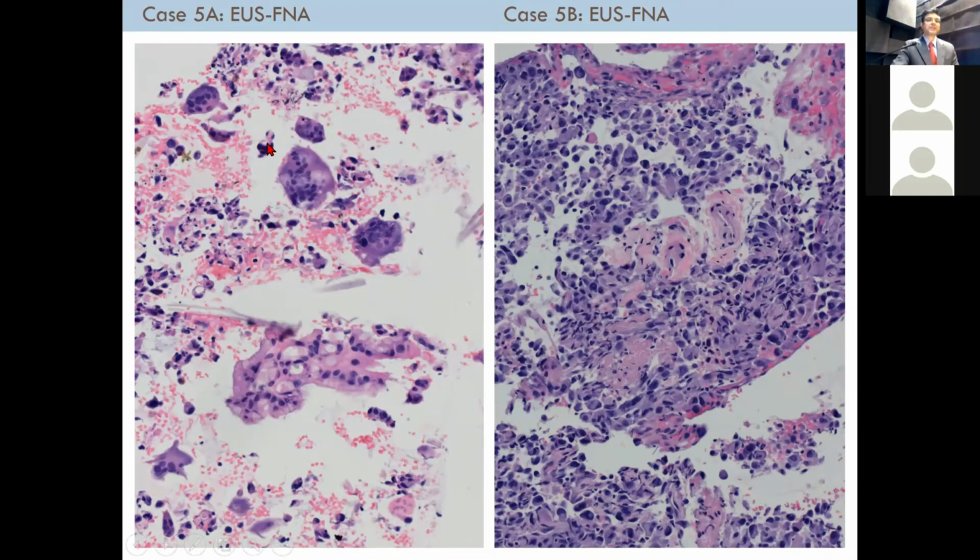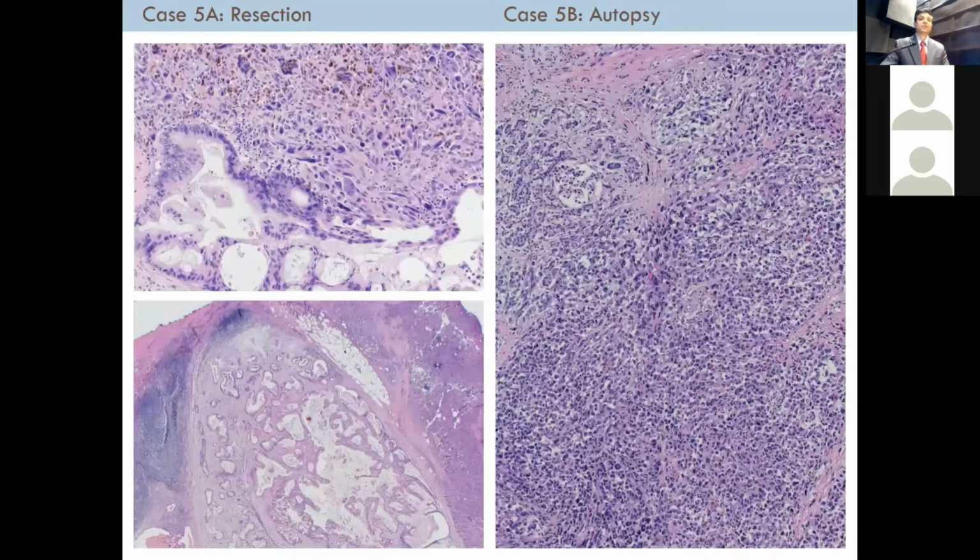So this patient actually underwent resection, and it's more than 5 years since diagnosis, and this patient is still alive. The other patient died within 4 months of diagnosis. The resection specimen in this first case, in addition to the osteoclast-like giant cell component of an undifferentiated carcinoma, showed conventional ductal adenocarcinoma.